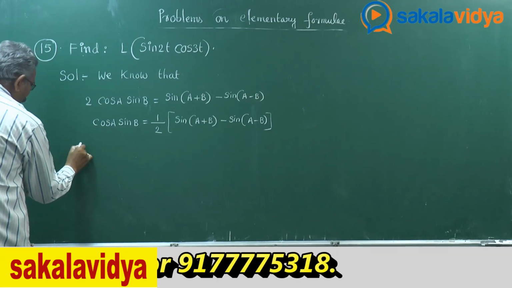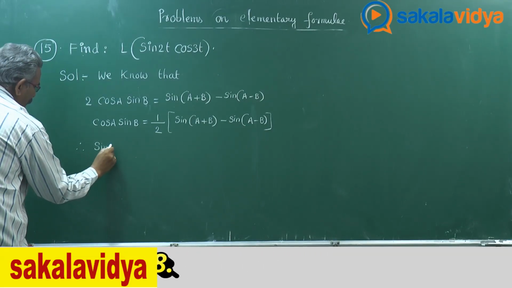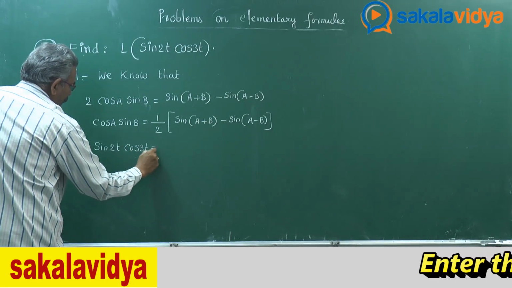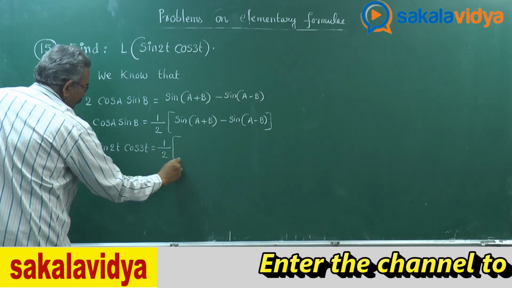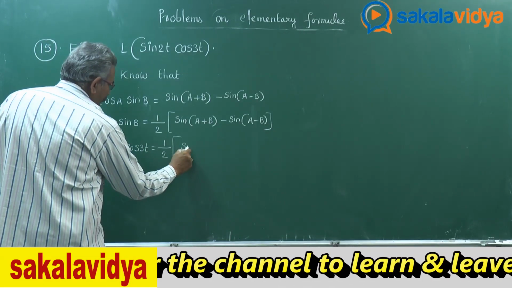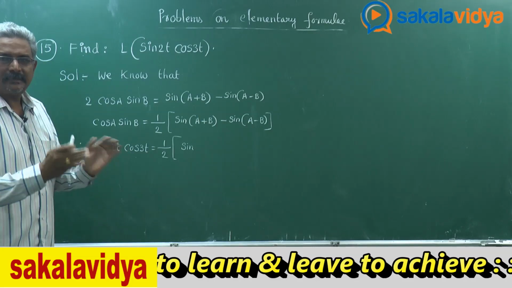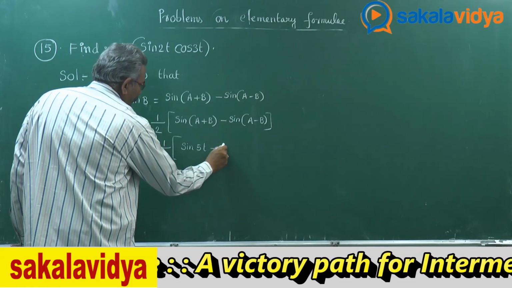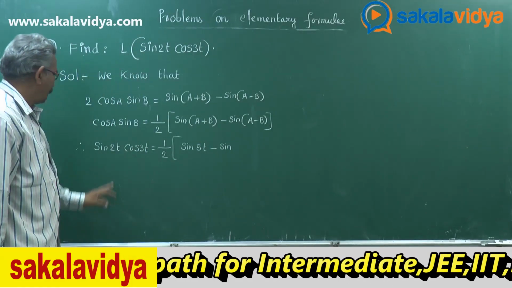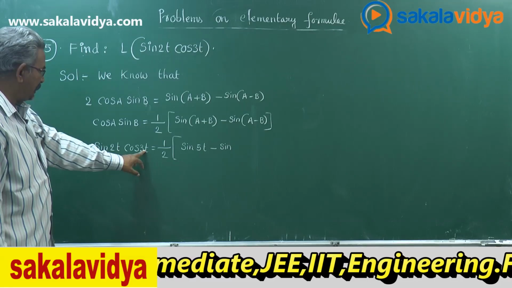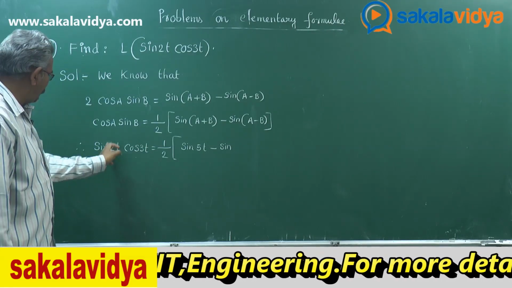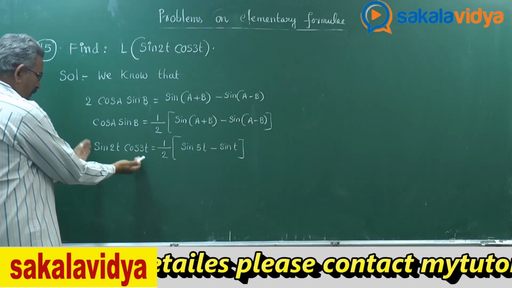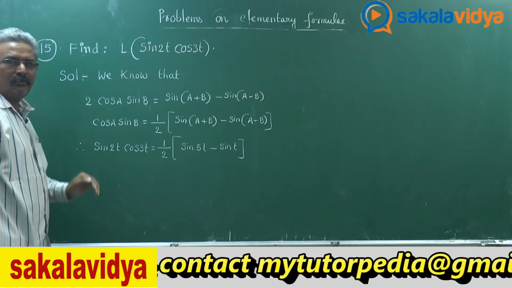So now we write sin 2t cos 3t equals half times sin of A plus B, 2t plus 3t, directly we can write 5t, minus sin of A minus B, here A is 3t, don't get confused, 3t minus 2t, or we can write cos 3t sin 2t also, no problem.